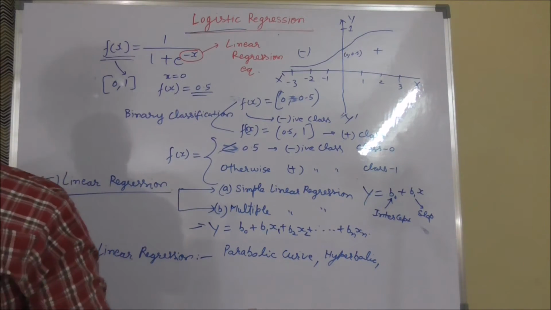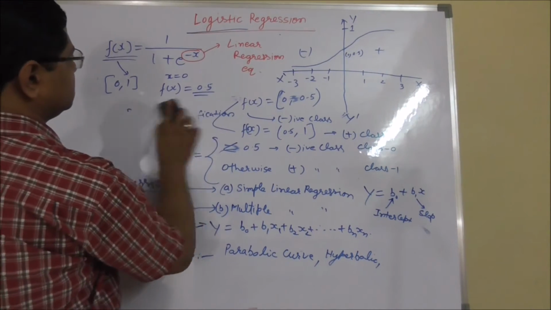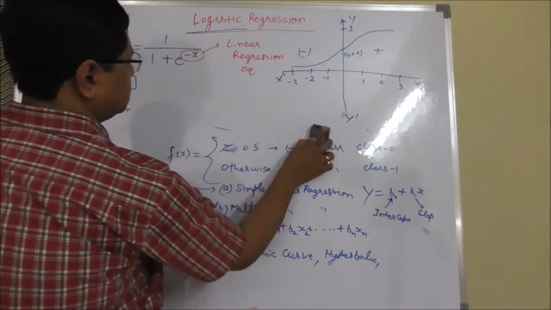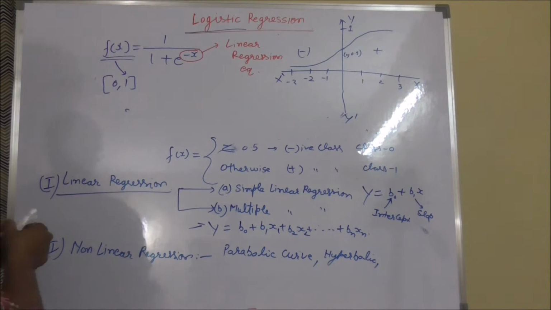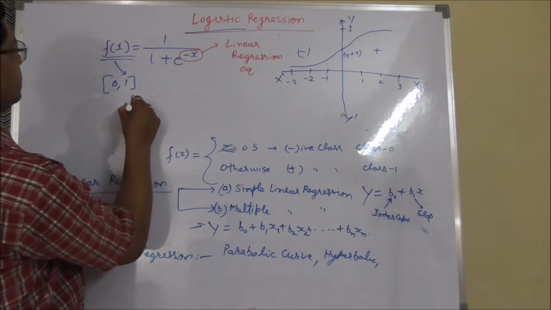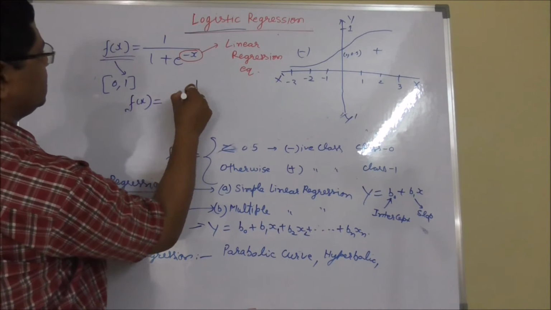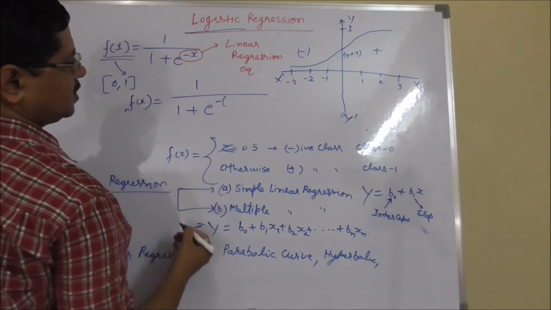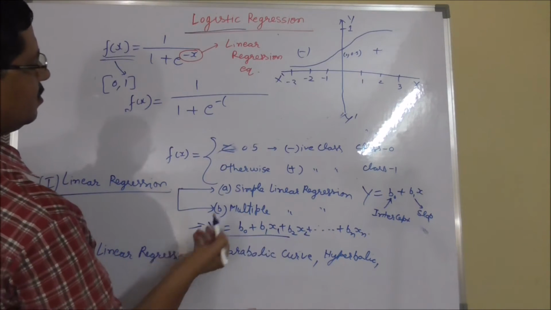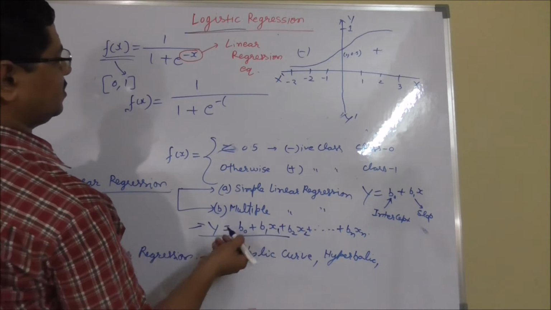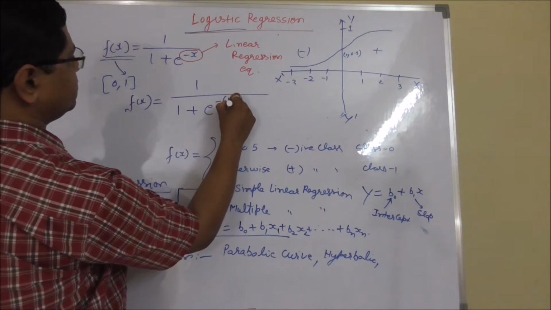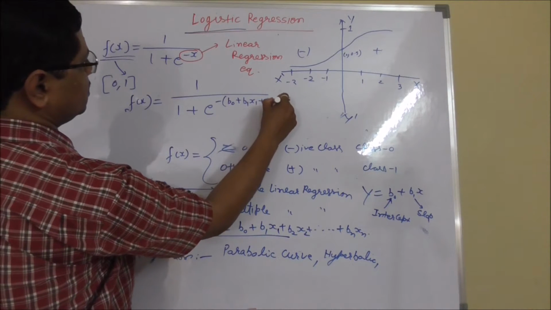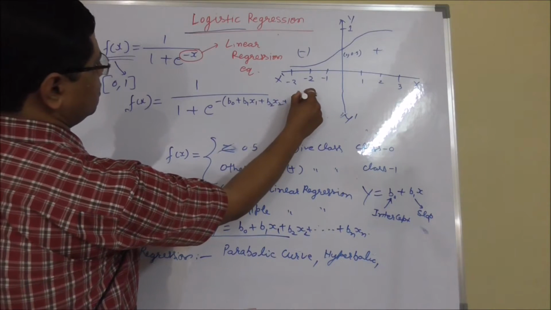So in this case, our equation f(x) will be converted into 1 over 1 plus e to the power minus, suppose we take a simple multiple regression equation like b0 plus b1x1 plus b2x2 and so on.